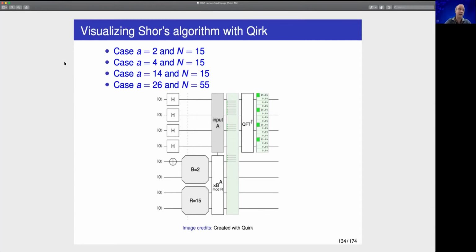This is something that I can check for you, but I suspect that this is what is being done here. So I will take a look at the concrete implementation in Qiskit, and I think it will be something like that. I will check and I will confirm next week.